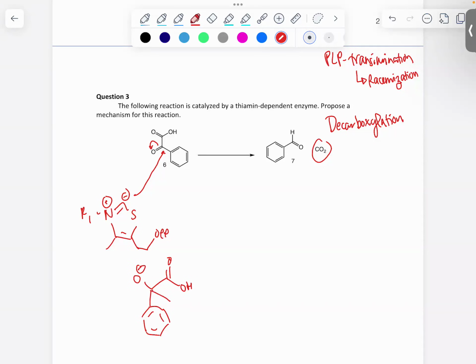And for the sake of time, I'll just write it as TPP for thiamine pyrophosphate. And in the collapse of this tetrahedral, instead, what we see is a tautomerization where this proton ends up over there.